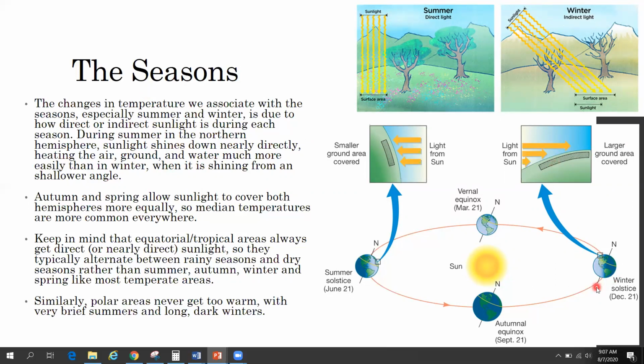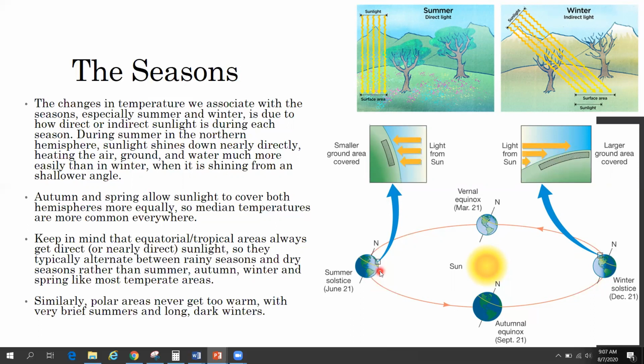When it's winter in the northern hemisphere, the North Pole is tilted away from the sun. So on average, any location in the northern hemisphere during wintertime is still going to get a little bit less sunlight per square meter of ground or cubic meter of air or something like that. During the summertime, that's reversed.